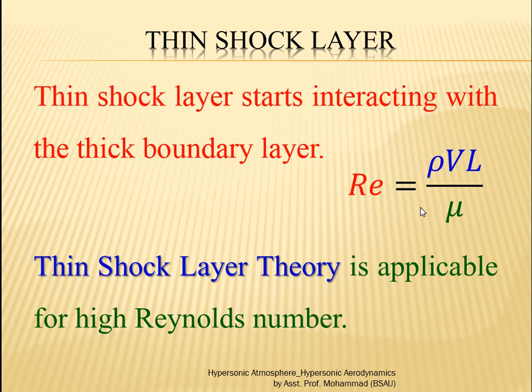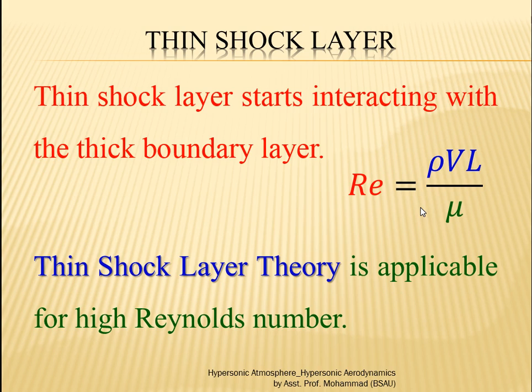Thin shock layer: for low Reynolds number we have a thick boundary layer, and that thick boundary layer interacts with the thin shock layer, which gives an interaction that complicates the situation.